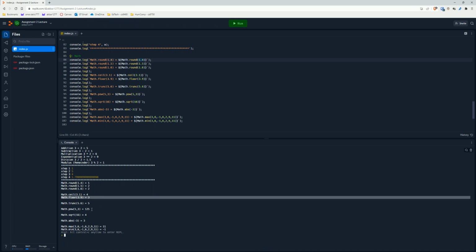Math.floor, the floor is below you, so you round down. So here you can see 3.1, if you round up, you're going to get 4. 3.9, if you round down, you're going to get 3. Math.trunc just truncates everything after the decimal point, drops it off and gives you everything before the decimal point.